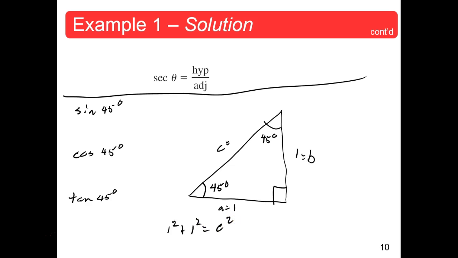So 1 plus 1 equals C squared, which is equal to 2. So what would C be? How do you undo a square? Take a square root. So C would be the square root of 2.